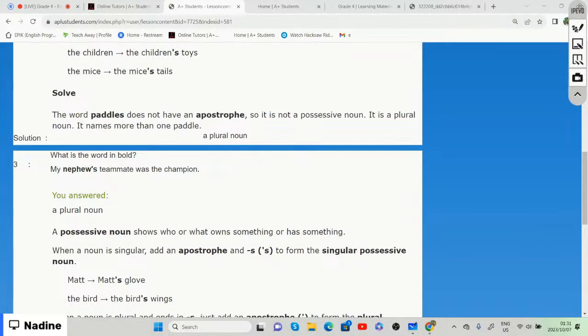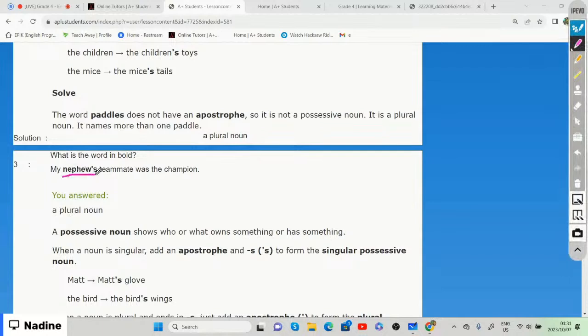So nephew's. So my nephew's teammate. All right, so if we look at that word specifically, it's talking about my one nephew, right?